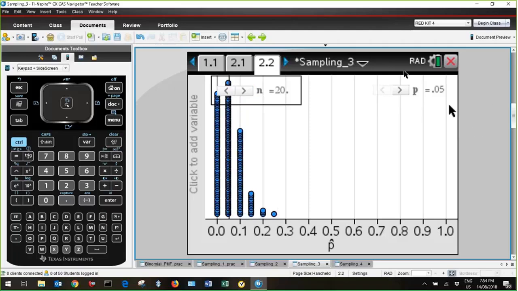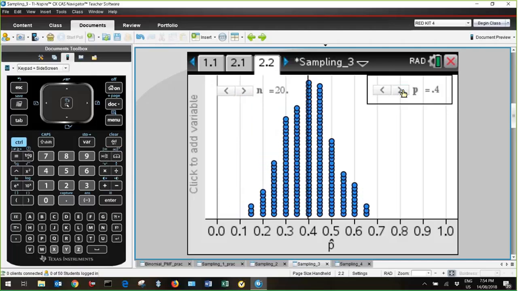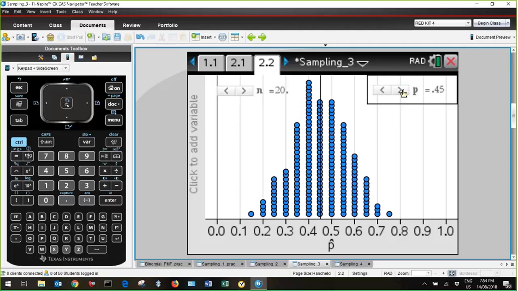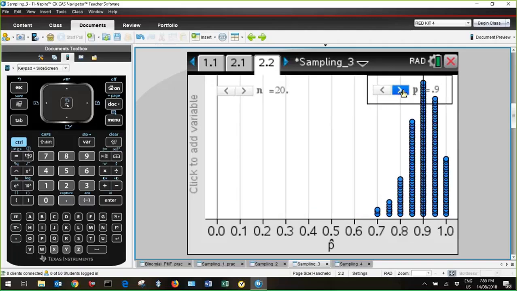Okay, we see that it's widest when p is 0.5, has the biggest spread, but it's also the most symmetrical at 0.5. And so at extreme values, less symmetrical, but less and less spread.